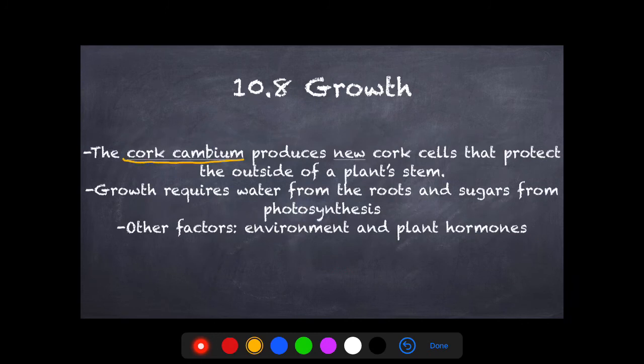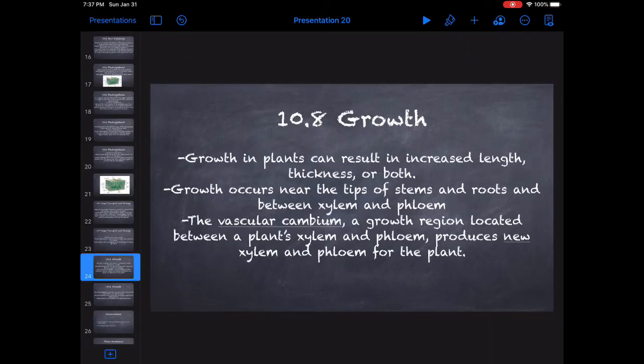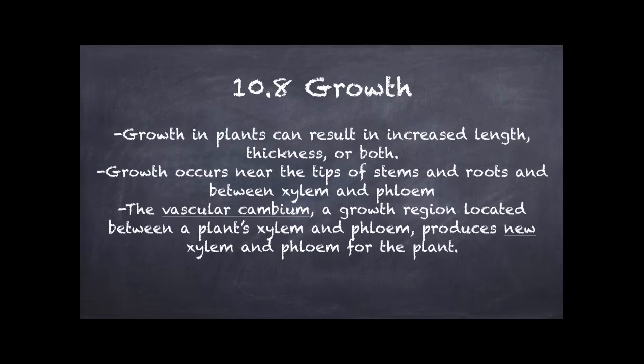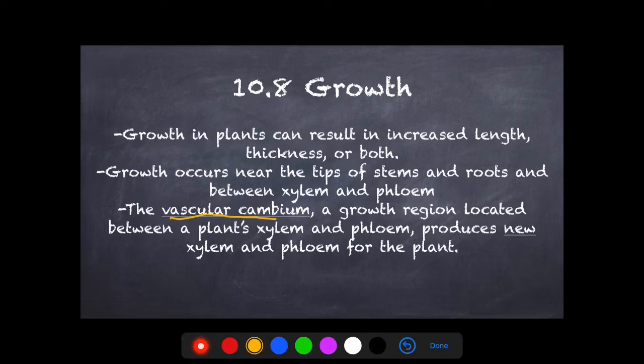There's also something called the cork cambium, which produces new cork cells. So if you think about it, cork cambium kind of tells you what new cells are being made, which is the cork cells, new cork cells. And then if we go back to the previous slide, when we talked about the vascular cambium, you can think about vascular tissue or vascular bundle.